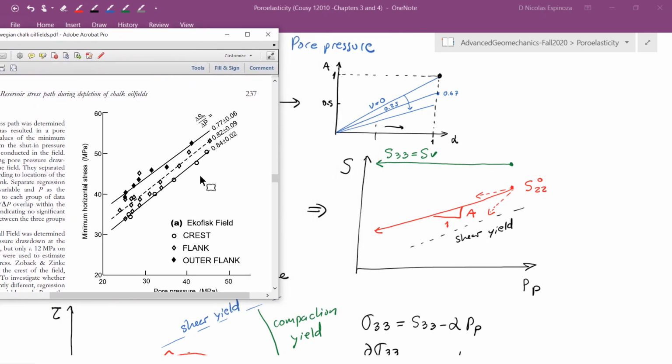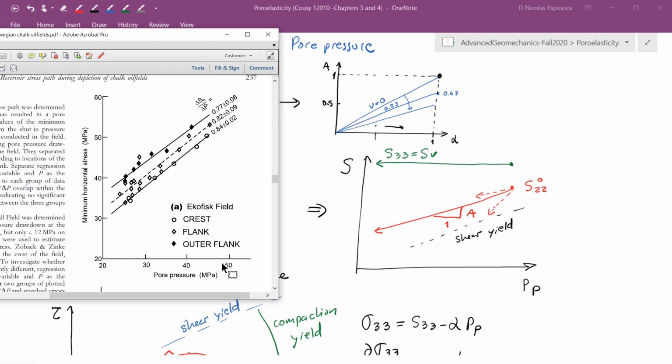And what we can see is that, as we said, as pressure decreases because of depletion, minimum horizontal stress decreases. How did they measure this minimum horizontal stress change? With a hydraulic fracturing test, in this case a leak-off test, that allowed them to see how the minimum horizontal stress changed due to the change in pore pressure.